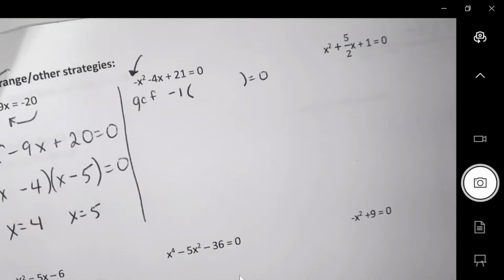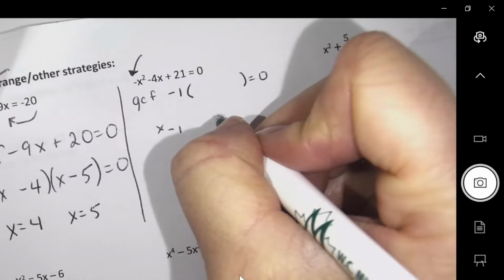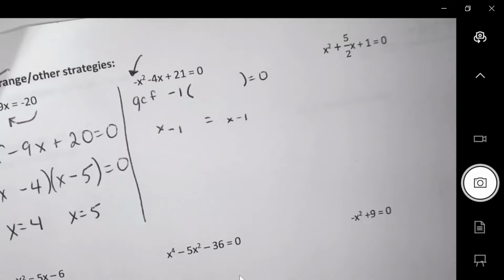What's another math strategy I could do to get rid of that negative? In algebra, you could just multiply each side by -1, right? Does that work with algebra? If you multiply this side by -1, you do the same thing to the other side. So that would have been another strategy.